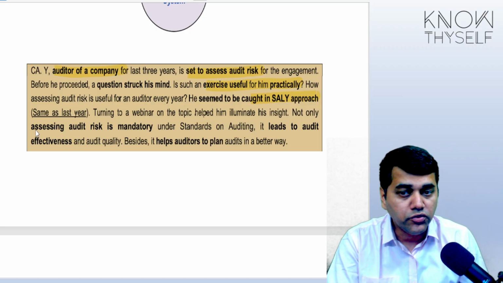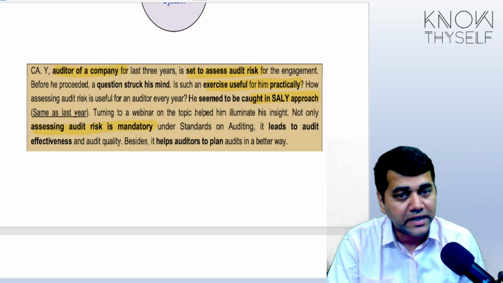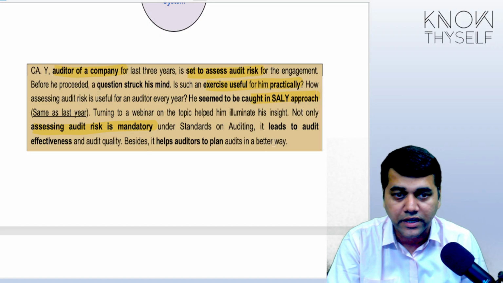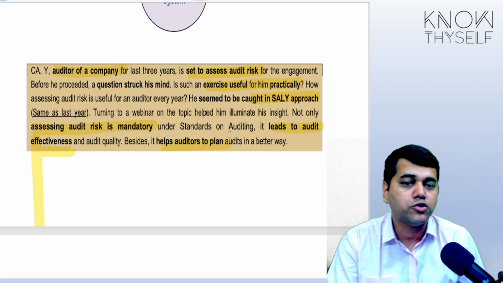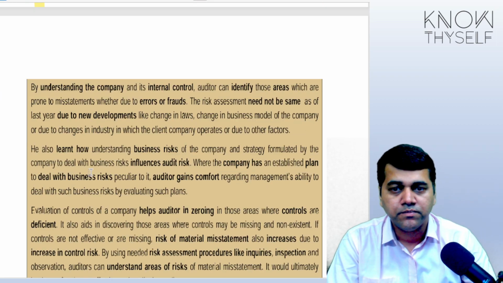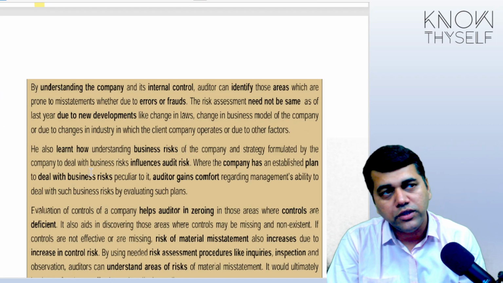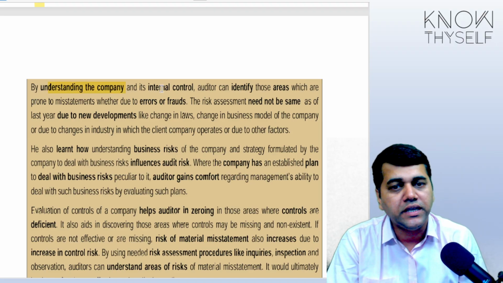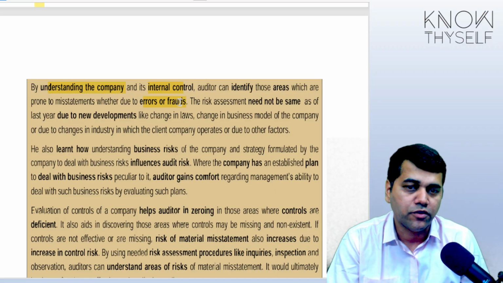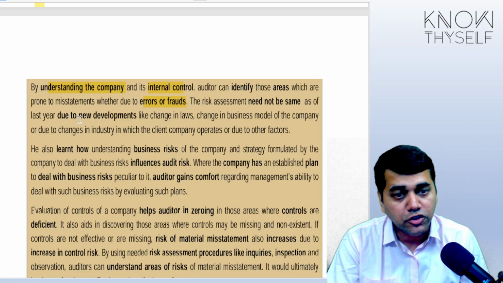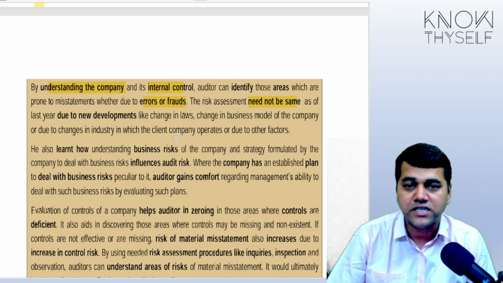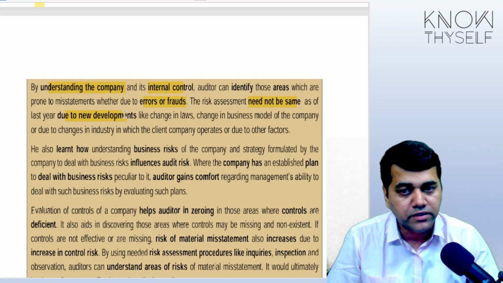Now he knows that assessing the audit risk has become mandatory under SA 315 and 330. It leads to the audit being more effective and helps to plan the audit in a better way. For this assessment, you need to understand the company, its internal control, and identify the areas where there are errors and frauds. The risk assessment need not be the same as last year, because it can be different due to some developments.